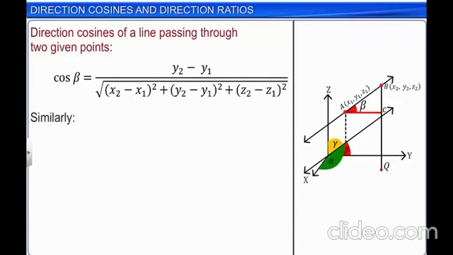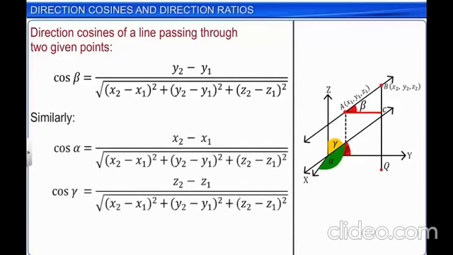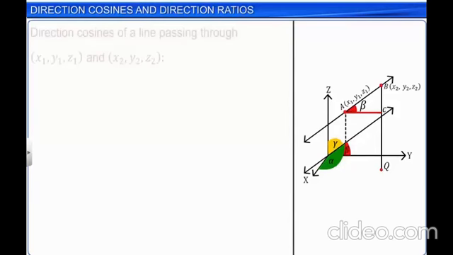Similarly, we can find the values of cos alpha and cos gamma. Using these equations, we can find the direction cosines of a line passing through given 2 points with the coordinates x1, y1, z1, and x2, y2, z2.